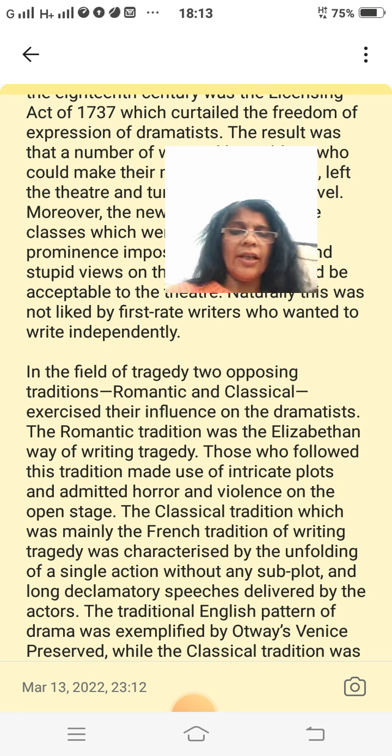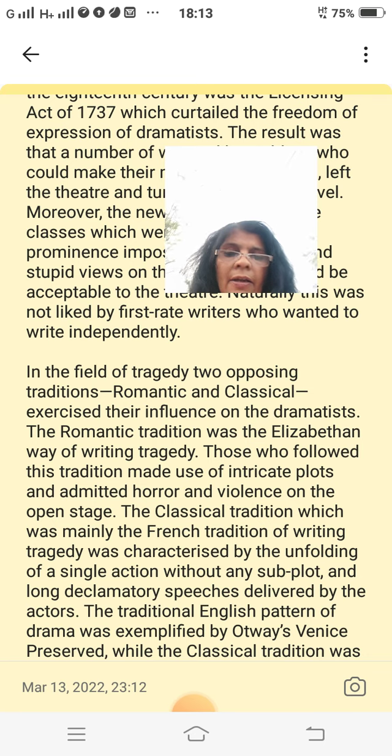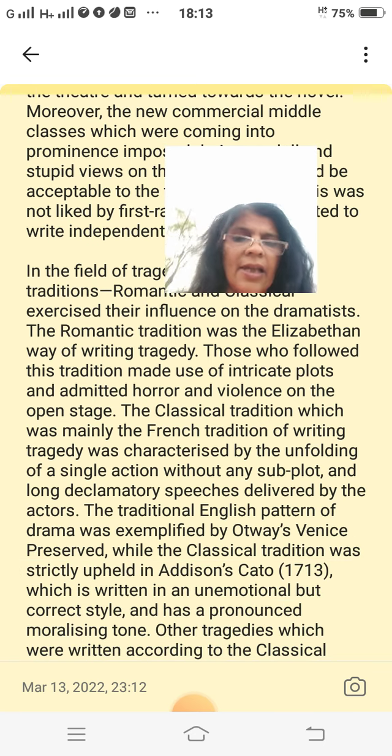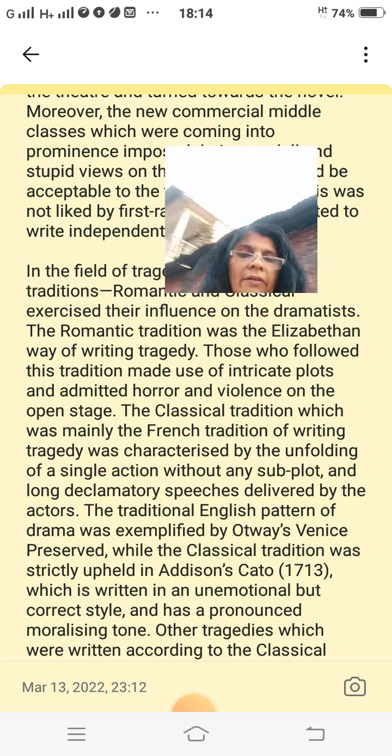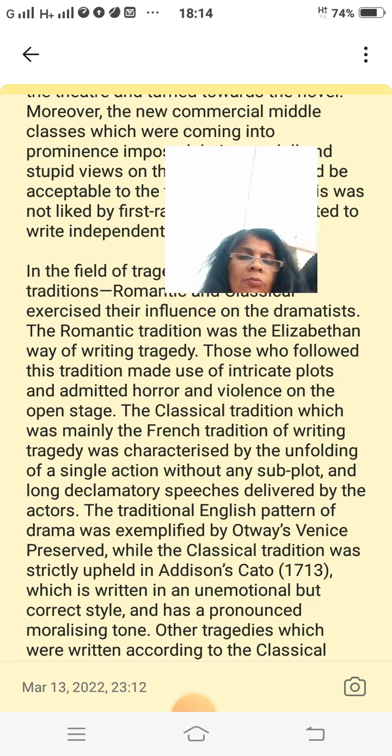The traditional English pattern of drama was exemplified by Otway's Venice Preserved, while the classical tradition was strictly upheld in Addison's Cato, 1713, which is written in an unemotional but correct style and has a pronounced moralizing tone.